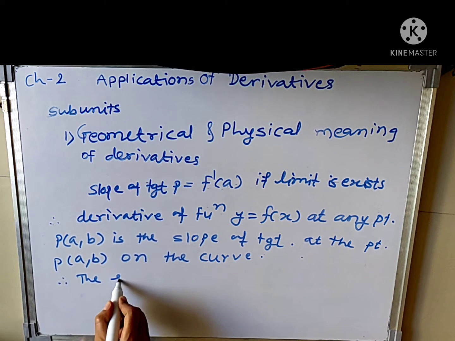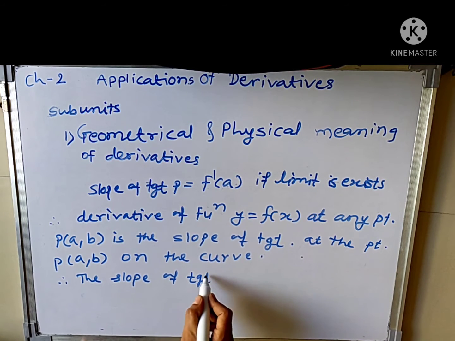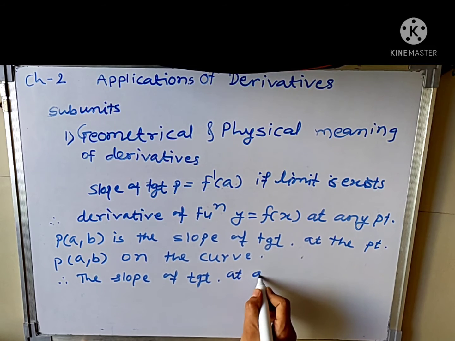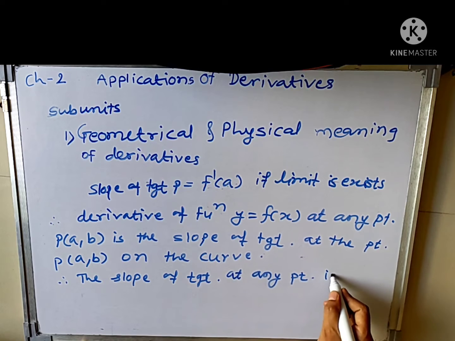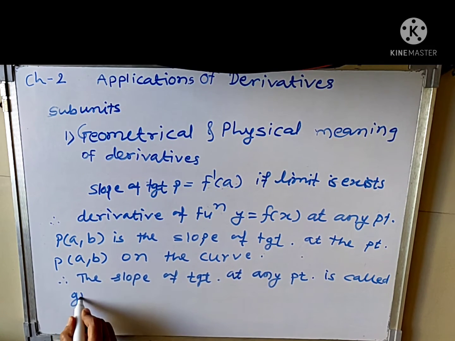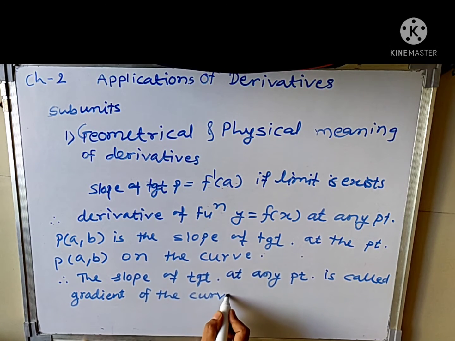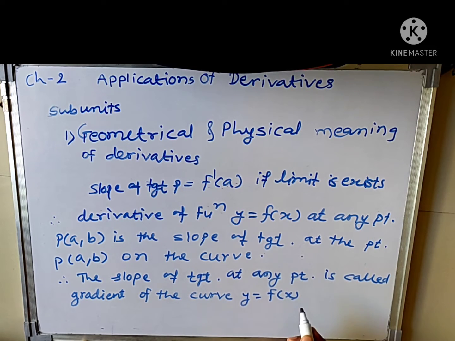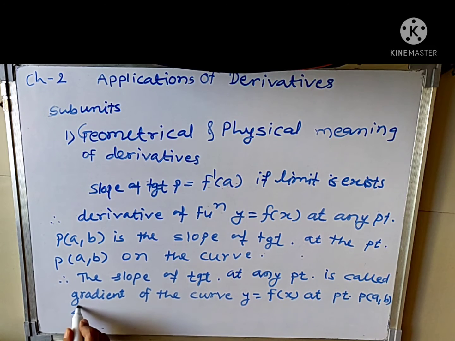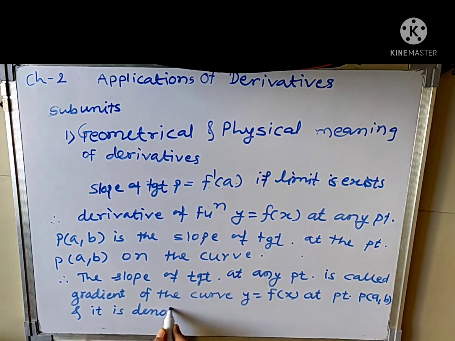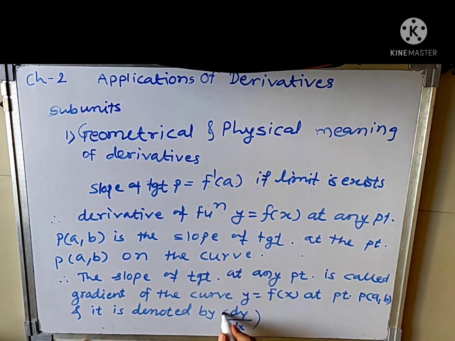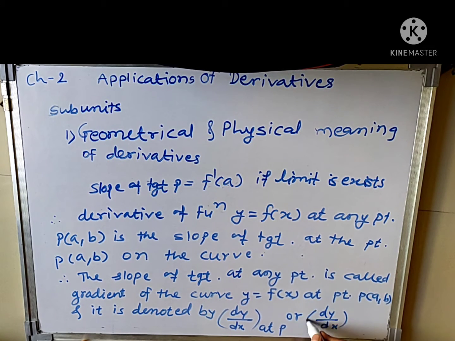Therefore, the slope of the tangent at any point is called the gradient of the curve y is equal to f of x at point P(a, b), and it is denoted by dy by dx at P.